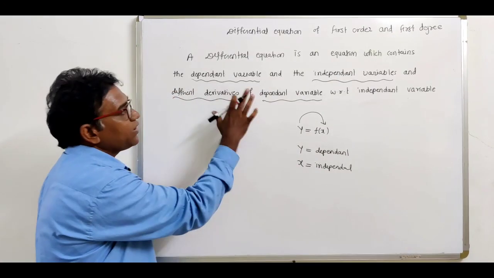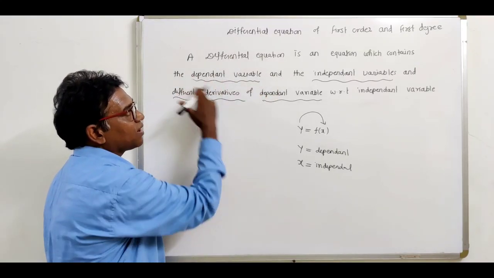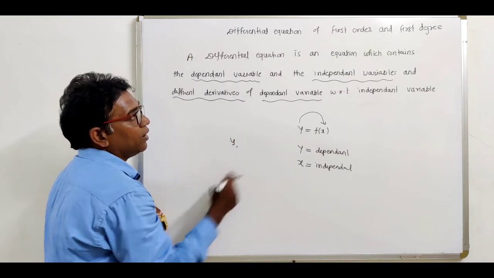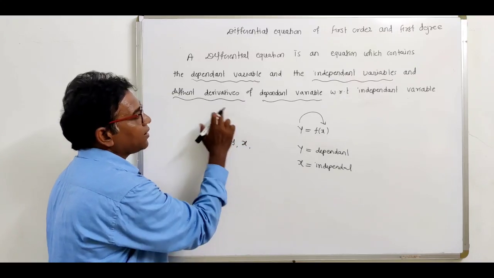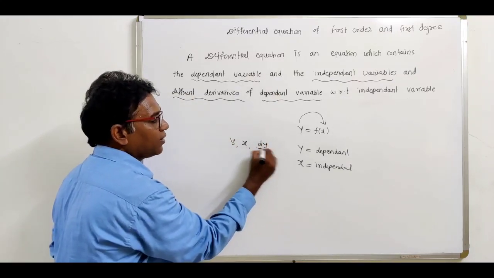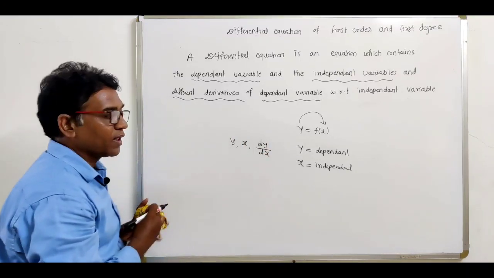So see the definition of a differential equation. It contains the dependent variable y, the independent variable x, and the different derivatives of the dependent variable y with respect to the independent variable x.